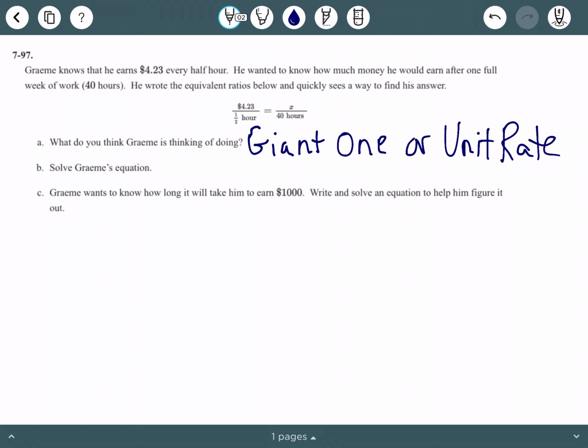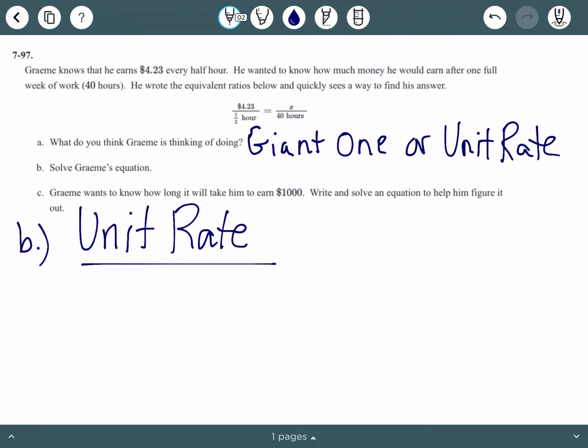This time I'm going to show you how to do this type of problem using unit rate, since last time I used the giant one. So I will show you this one using unit rate for part B. This is a good one to use unit rate, just because it tells us that Graham makes $4.23 every half hour.